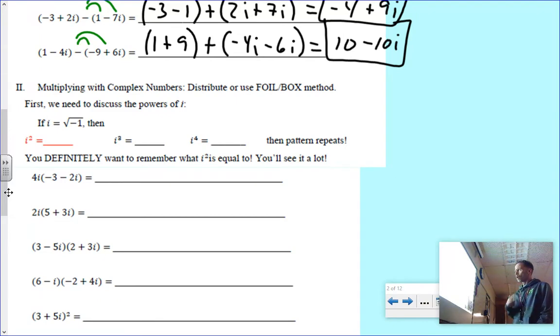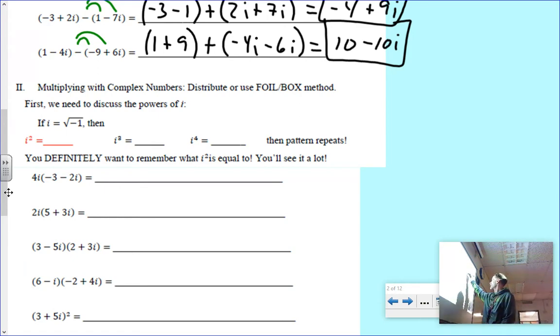Okay, so for multiplying, the main thing we need to know is one of the powers of i. In class, I went through the higher powers, i to the third, i to the fourth. I'm not going to do that in this video because the main thing we're concerned about is i squared.